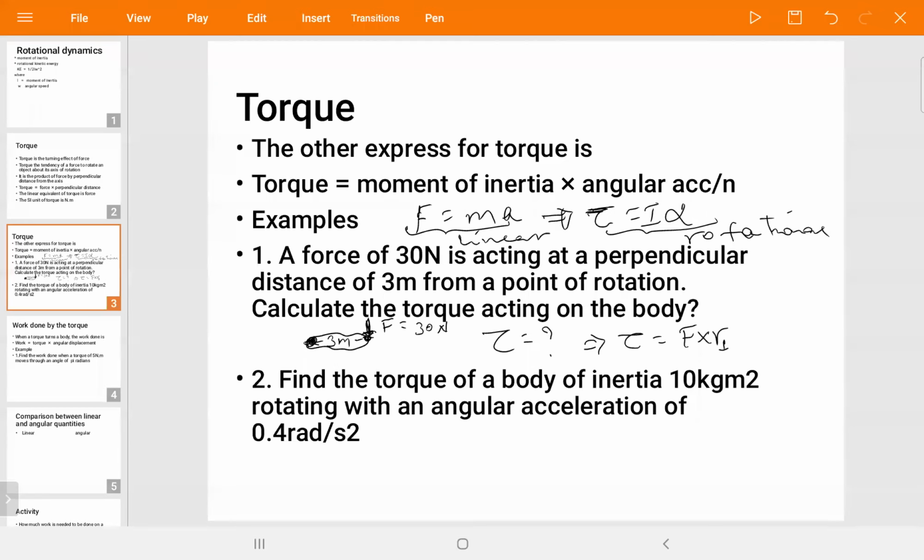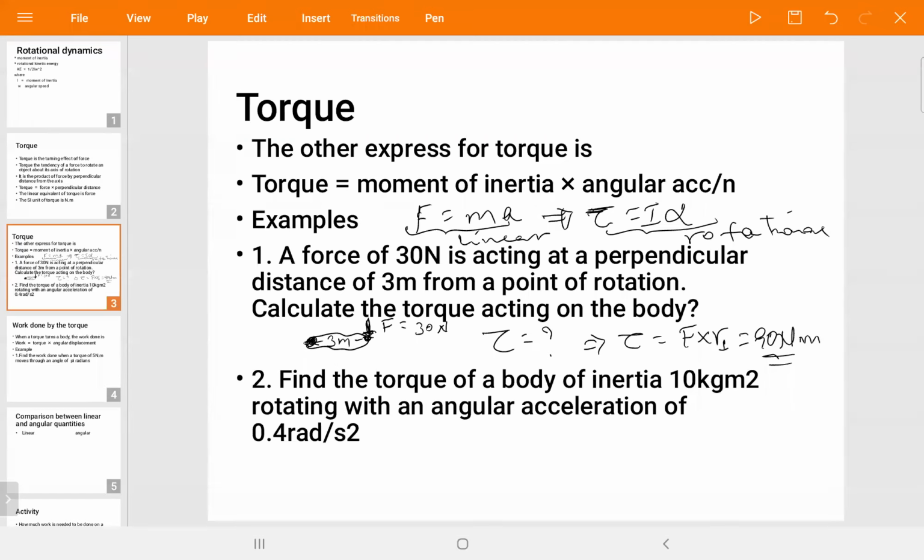Then what will be the torque? It is 30 times 3 meters. It becomes 90 Newton times meter. Is torque a vector quantity or a scalar quantity?